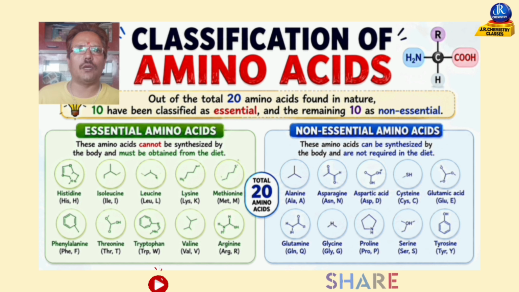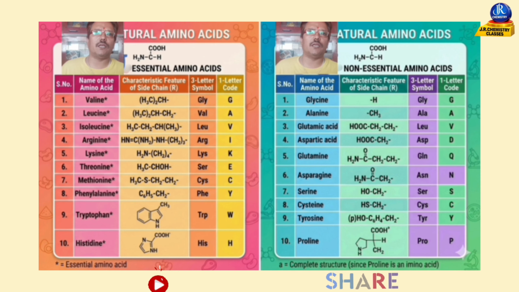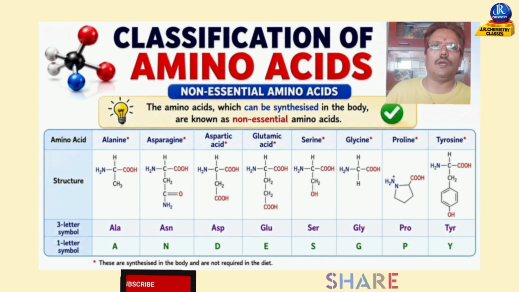Essential amino acids and non-essential amino acids. Out of the total 20 amino acids found in nature, 10 have been classified as essential and the remaining 10 as non-essential. Non-essential amino acids: the amino acids which can be synthesized in the body are known as non-essential amino acids.